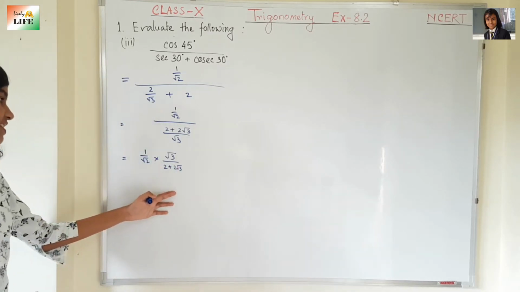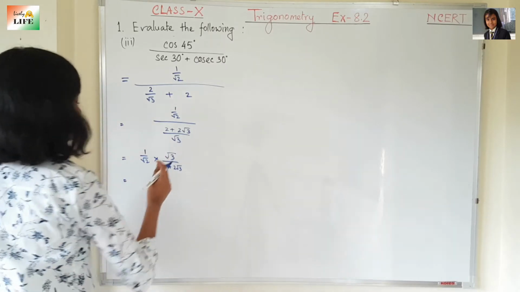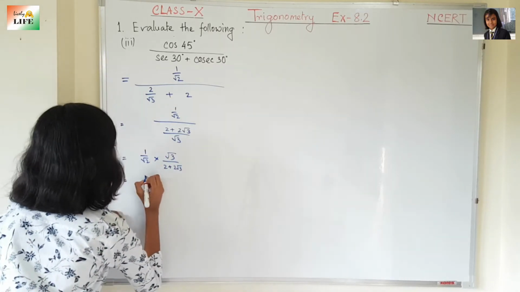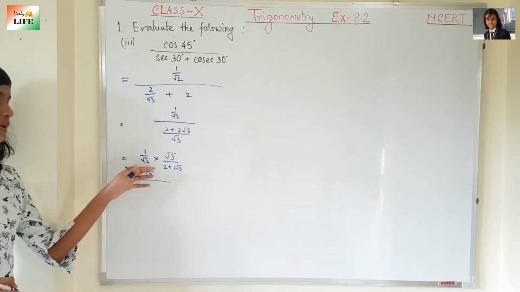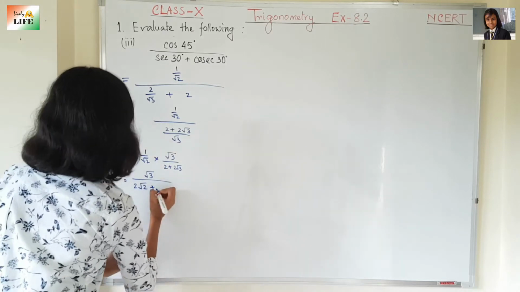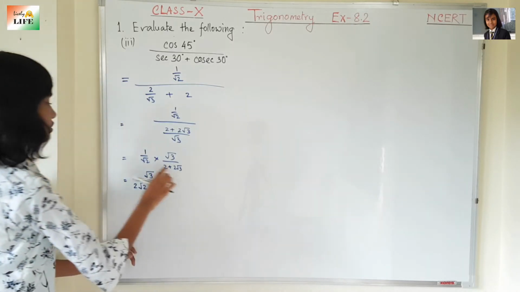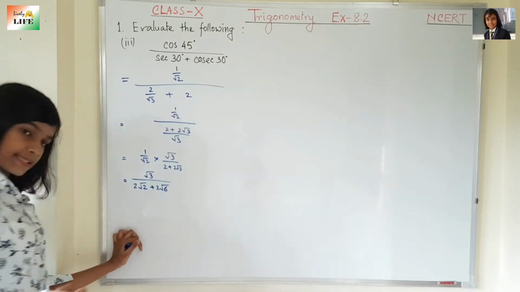We can write this like this. Now we are going to multiply this. Root 3 by, what is 2 into root 2? 2 root 2 plus 2 root 3 into root 2, what is 3 2s? 3 2s are 6, right? So it will be root 6.